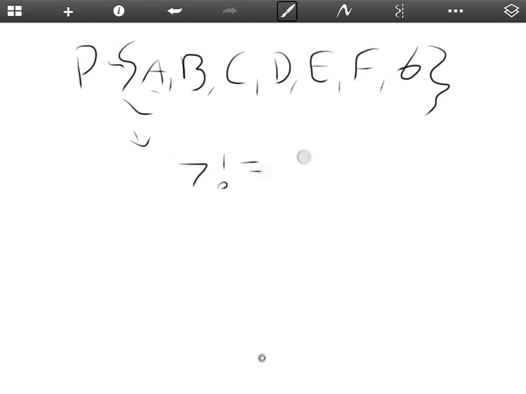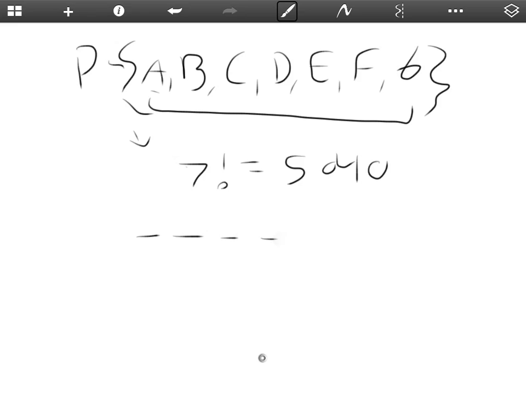Okay, so out of the 5,040 different combinations of these 7 elements, we want to know how many contain the string BCD, if you want to think of them as bit strings or element strings.